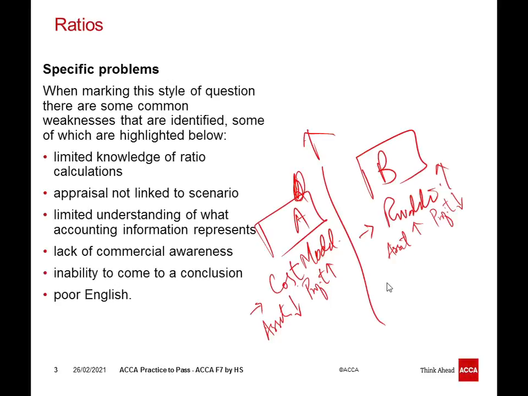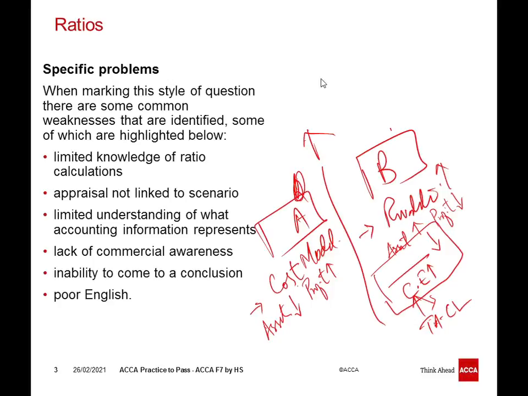Similarly, when you do the calculation for a ratio in which there is capital employed in the denominator, if there is an increase in the net assets, one of the formulas for capital employed is total assets minus current liabilities. So if there is an increase in the non-current assets, it will definitely affect the denominator. If the denominator is overstated because of the revaluation, your ratio will always show an understated figure.